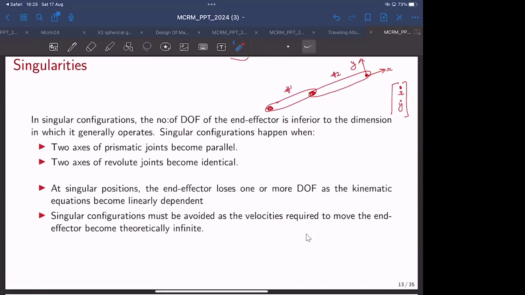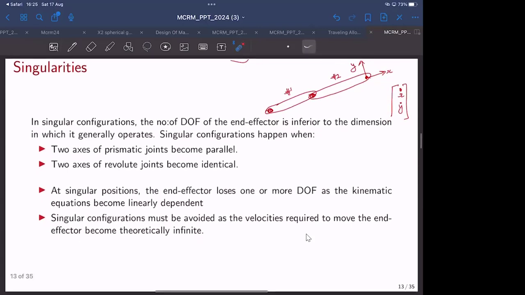So from all the other configurations, where it had two independent velocities, at singular configurations it degenerated, and now it will only have a single component of velocity, right? And that is what a singular configuration is.